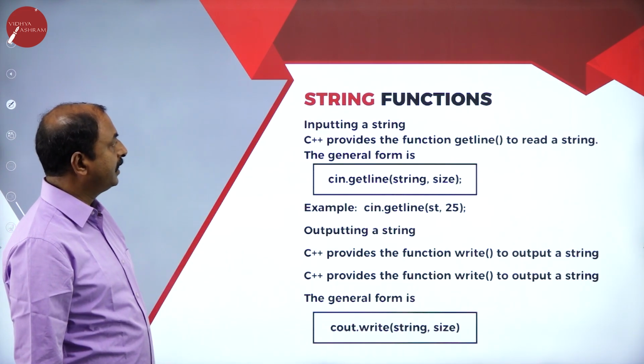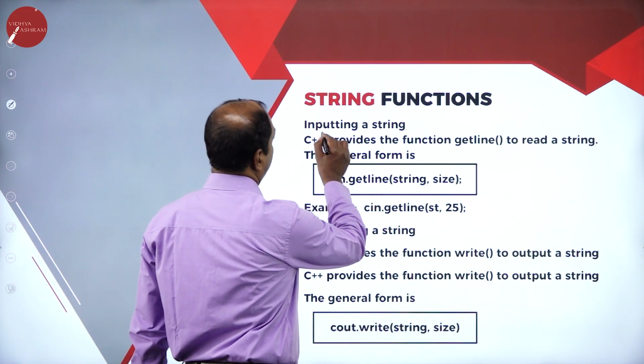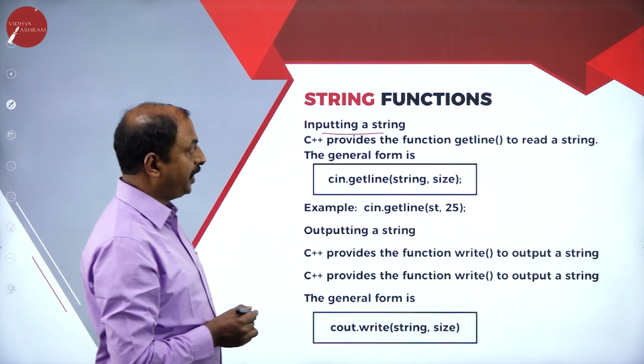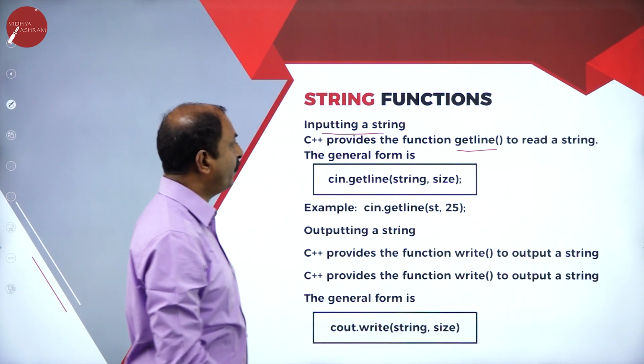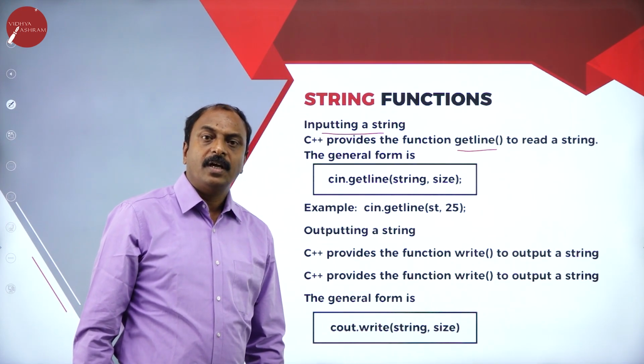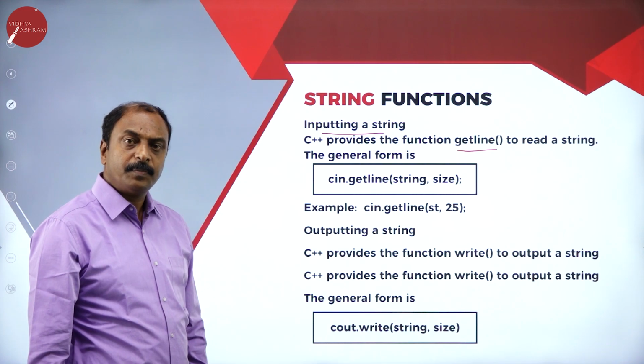In the next slide, how do you input a string? Here to input a string, we are using the getline function. We use the getline function to read a string, or to input a string into a program.